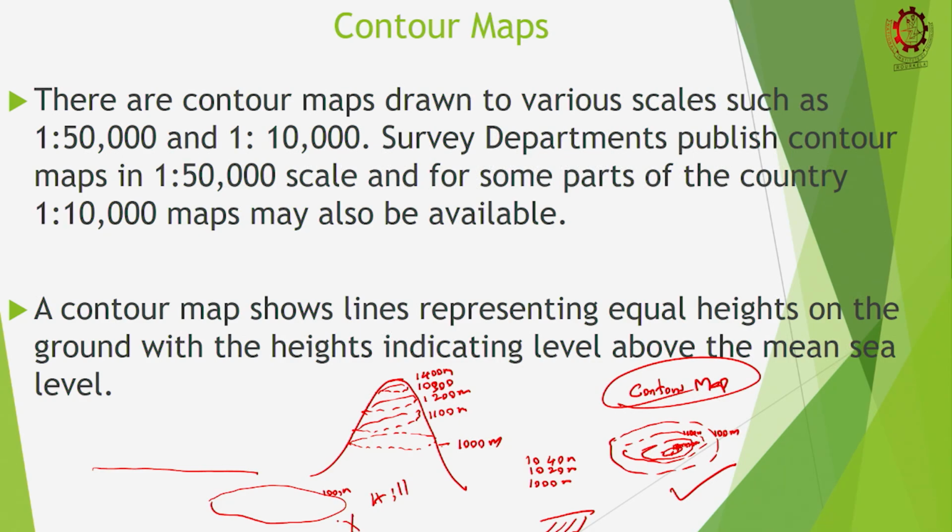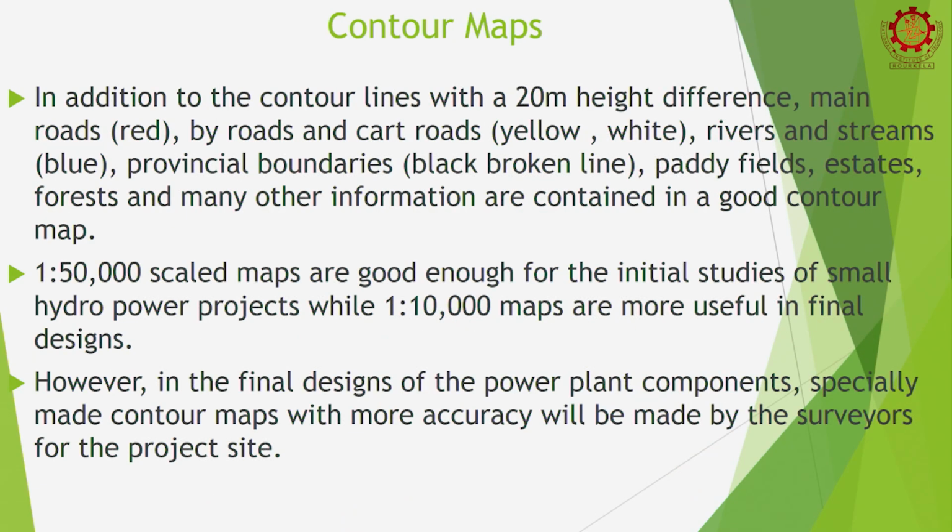Now we can look at a sample; we will come to a sample map later. Some information about sample maps: in addition to the contour lines with 20-meter height difference, main roads are normally in red color, and by-roads and cart roads normally in yellow and white color, depending upon the authority.